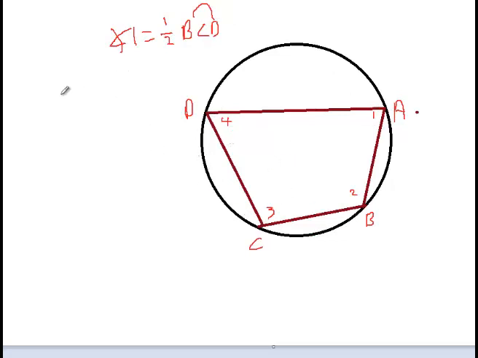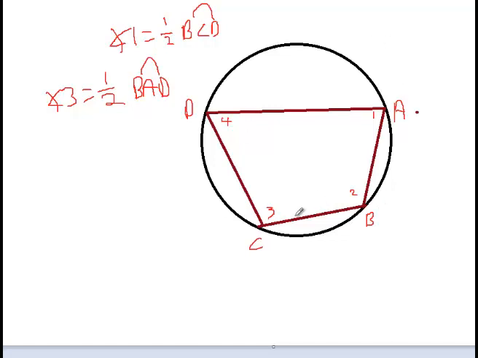And angle 3, which is its opposite, has to equal 1/2 of the arc that angle C intercepts, ends here and ends here. So it would have to be 1/2 of arc BAD. Now, if you notice, that's the entire circle. If you combine the arc that C sweeps out and A sweeps out, since they meet at the same points, it has to be the entire circle.